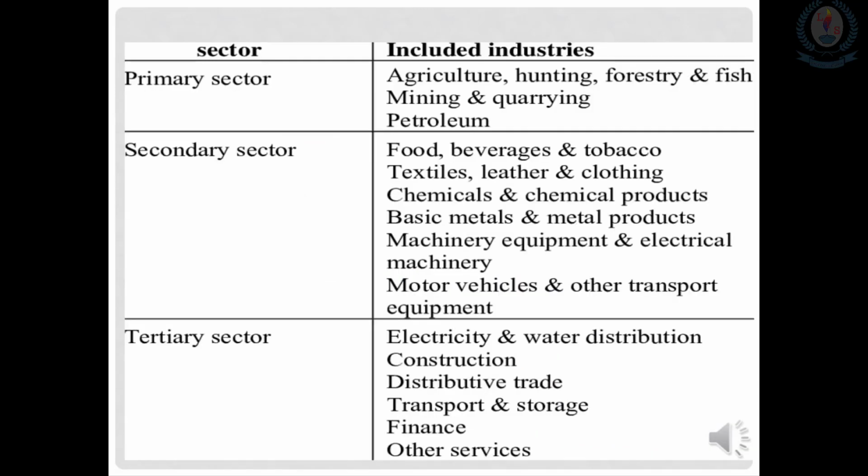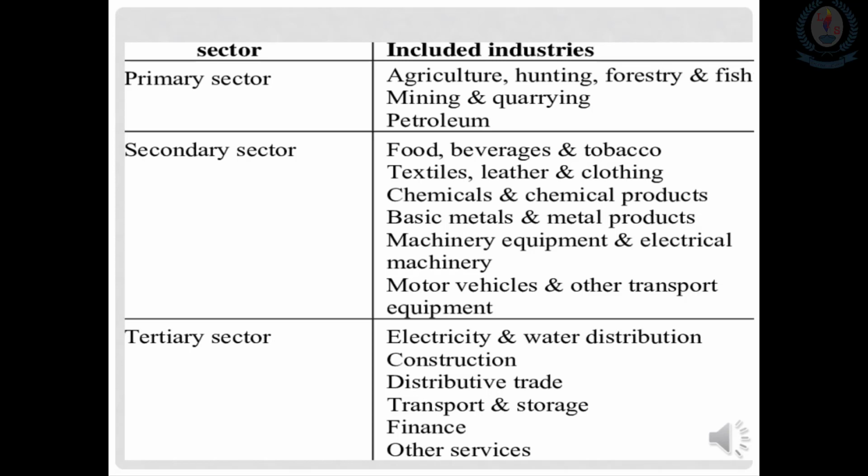Children, we can have a table like this and summarize the sectors and included industries. Accordingly, the primary sector includes agriculture, hunting, forestry and fishing, mining and quarrying, and petroleum.